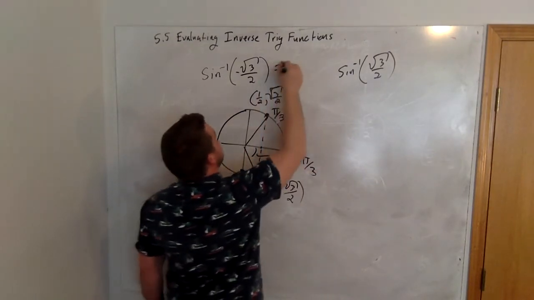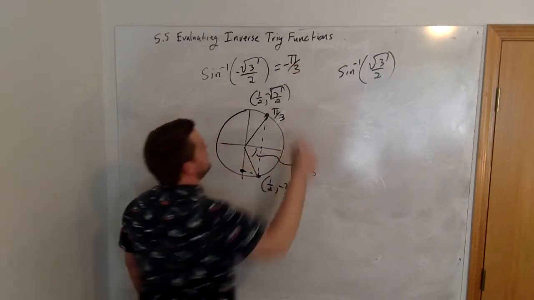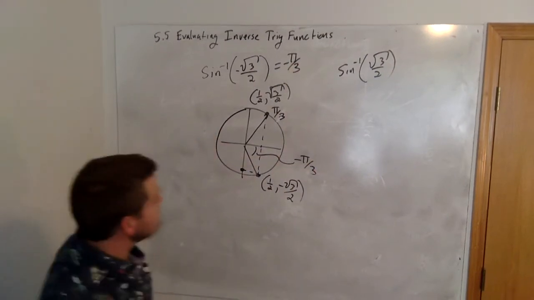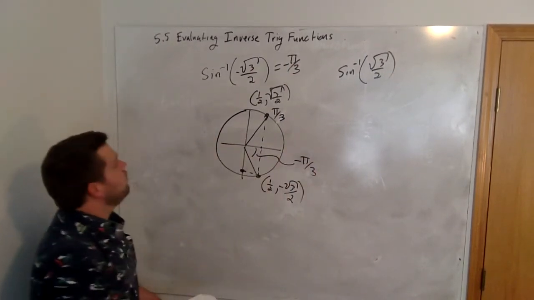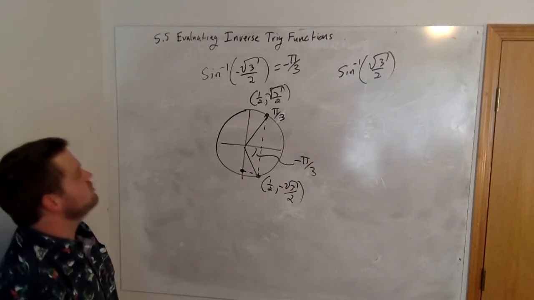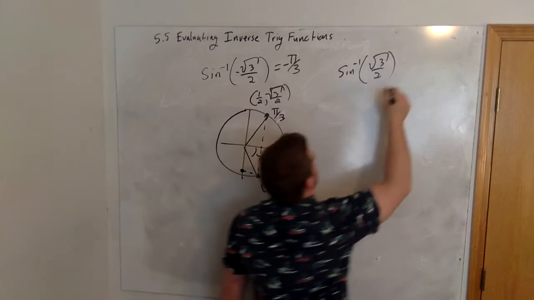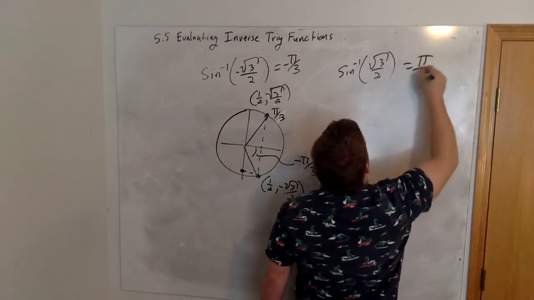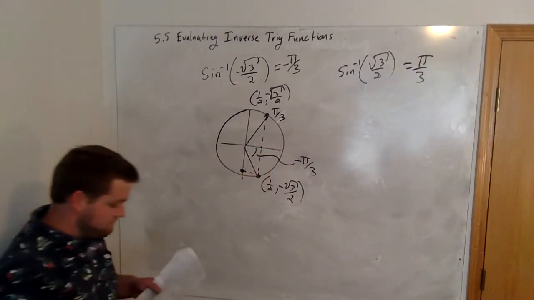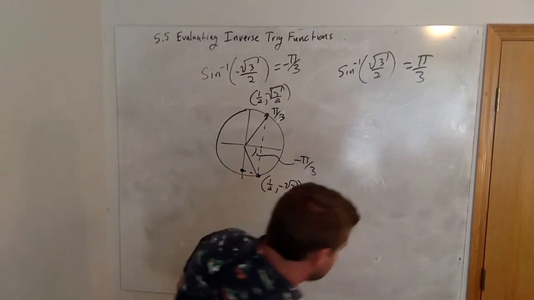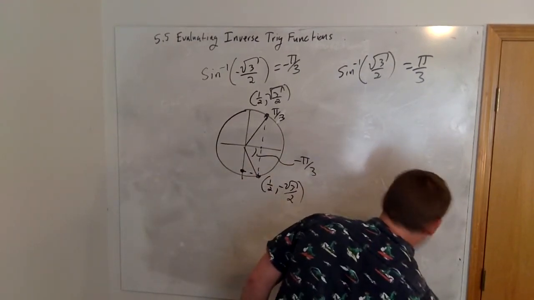So the answer here is negative pi over 3. Okay. What would it be for positive root 3 over 2? Well, I get a sine of positive root 3 over 2 when I'm at pi over 3. So that's the answer for these ones.